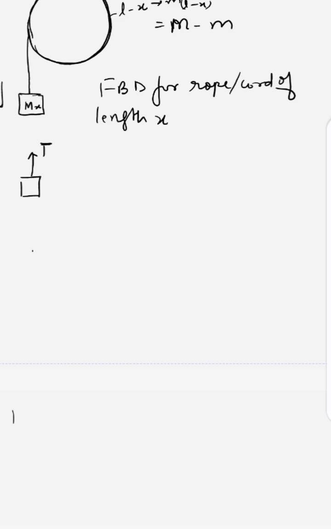Tension T. Here I've converted the string to massless, I've converted the string into a box. And box related questions we already have done. It's easy to solve considering a box. And this is coming down with an acceleration say a. So the equation we can write, because this is coming down, that means mxg has dominated over tension, and it's coming down: mxg minus T equals mx a. This is the first equation.